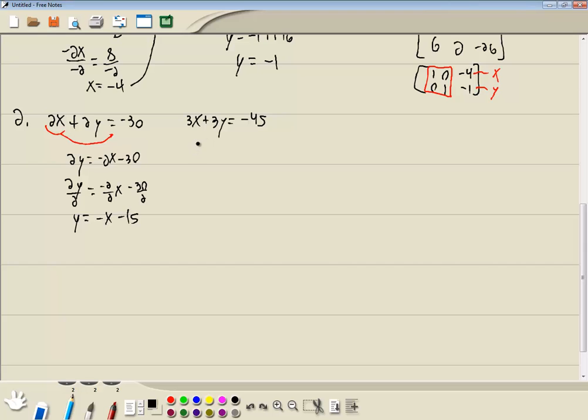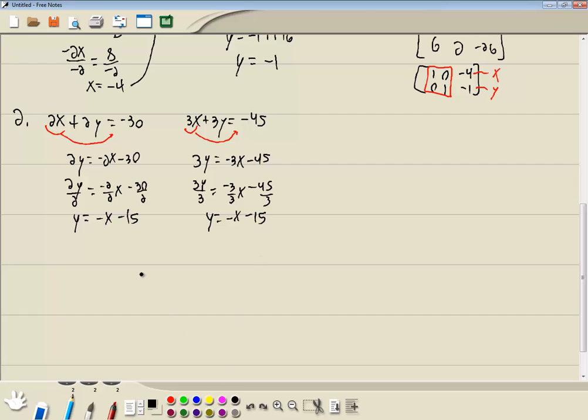Okay, this one I'm going to solve for y. So I'll take the 3x and move it over. So we got 3y is equal to negative 3x minus 45. Divide everything by 3. And we got y is equal to negative x minus 15.